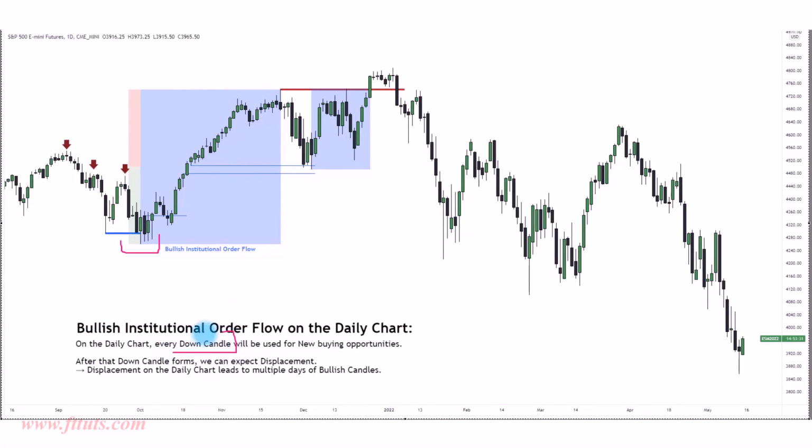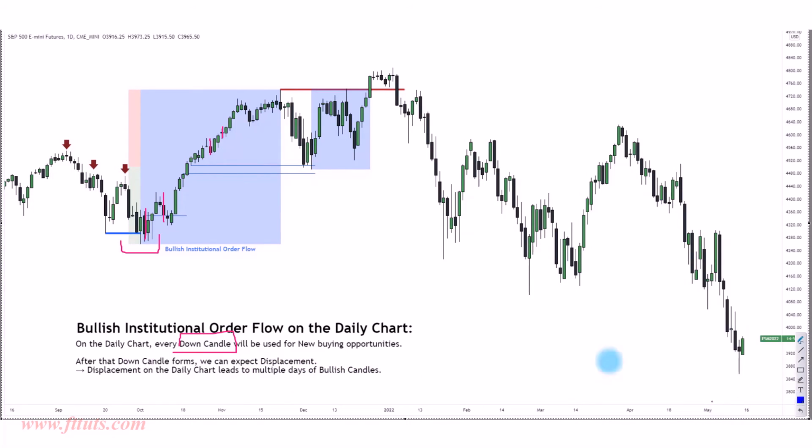Every down candle will be used for new buying opportunities. You can see here, down candle here, down candle here, down candle here, down candle here. Now pay attention to this part. After that down candle forms, we can expect displacement.